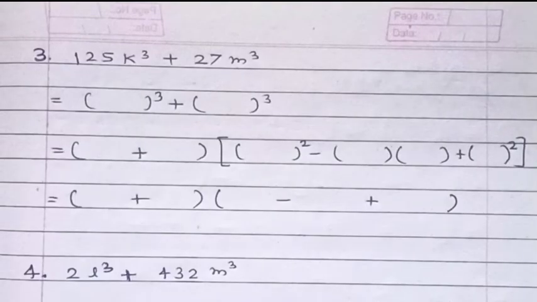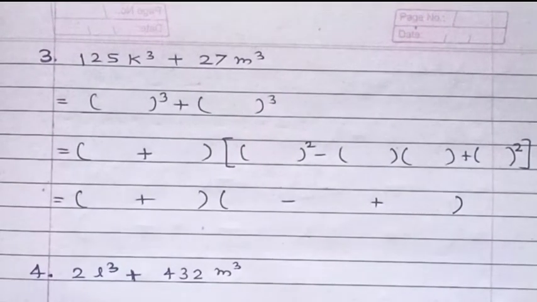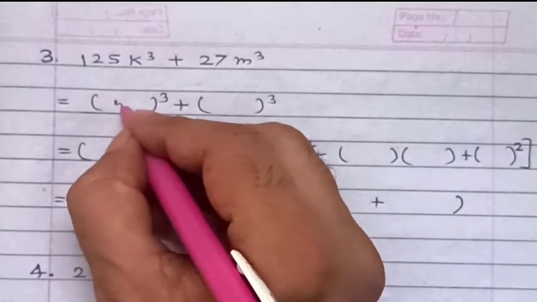Third question is 125k cube plus 27m cube. Now 125k cube can be written as (5k) the whole cube.